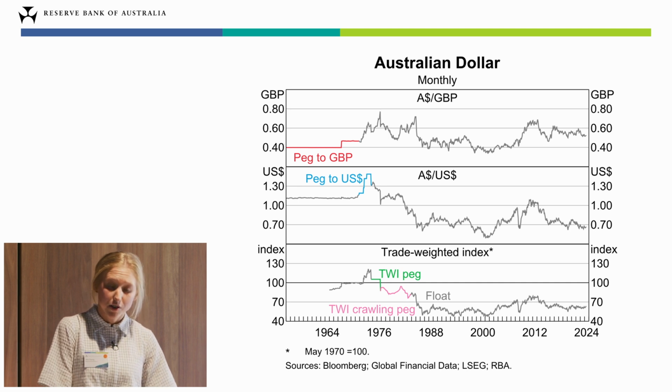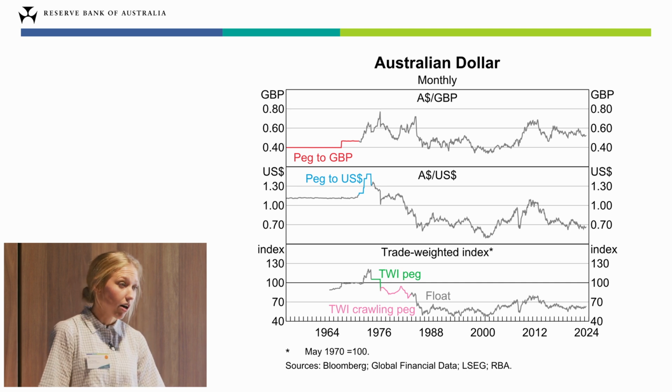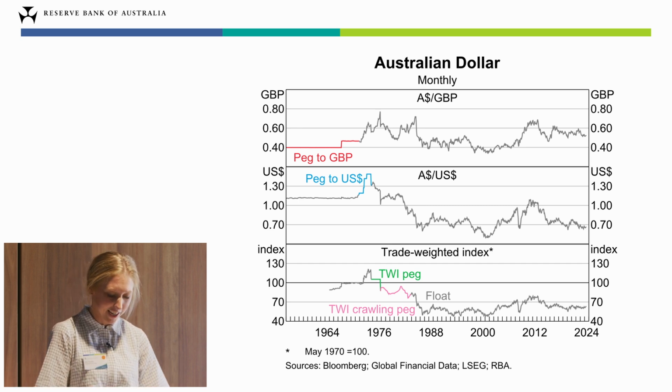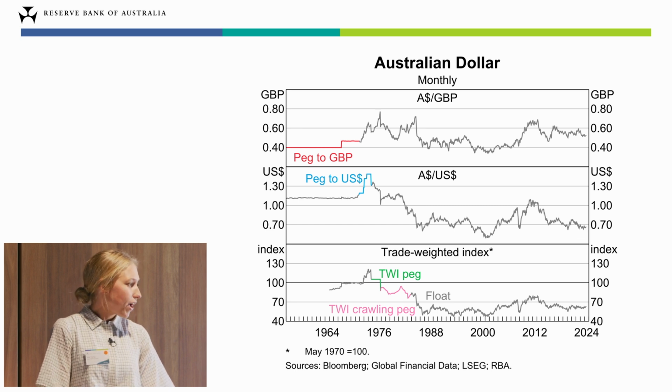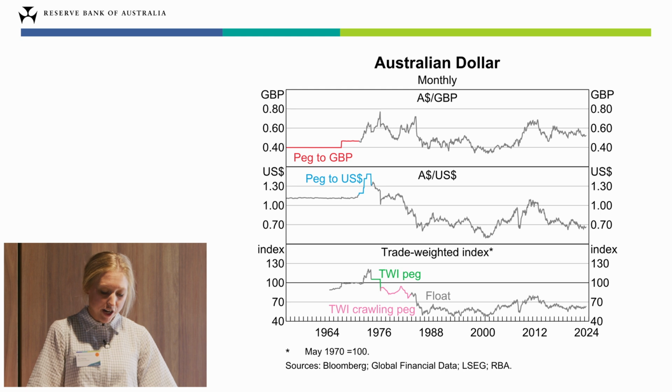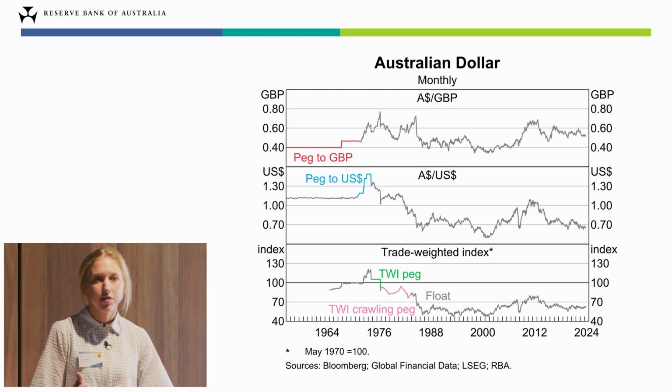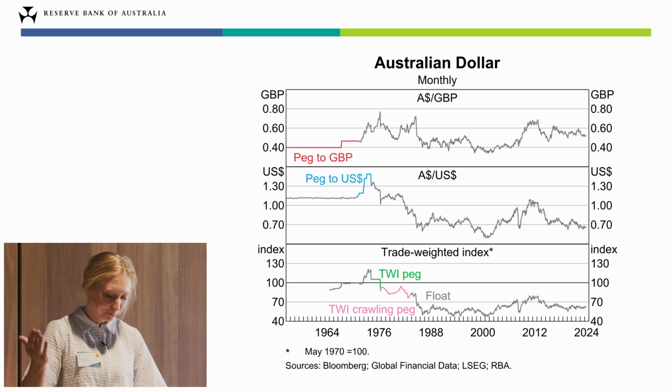Today, the Aussie-US dollar is one of the most highly traded currency pairs in the world, and so we've come a really long way over the past couple of decades. Moving to a floating exchange rate regime doesn't mean that we can no longer intervene. It just means that the bar for intervention is higher.